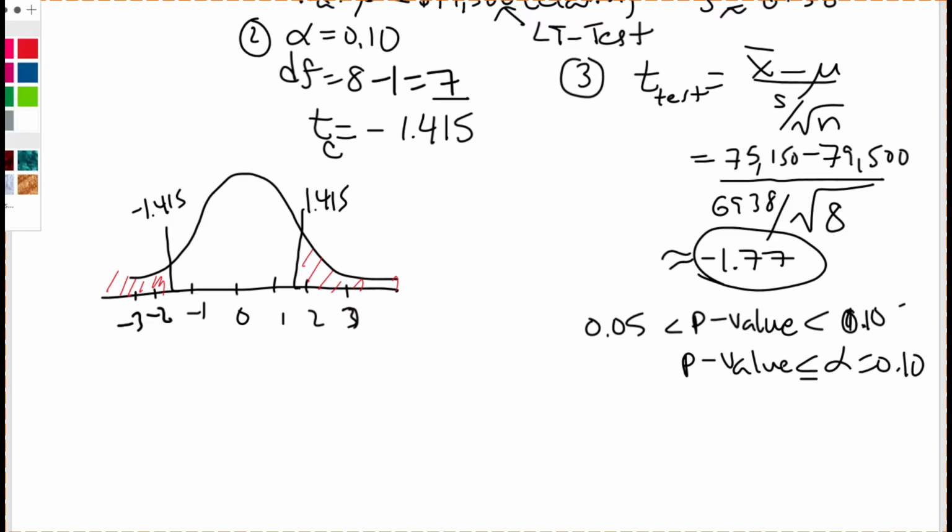So we'll do that in blue. That's over here, negative 1.77. So we're clearly in our rejection region. Therefore we can go ahead and reject. All right, so then clearly we're going to reject here.